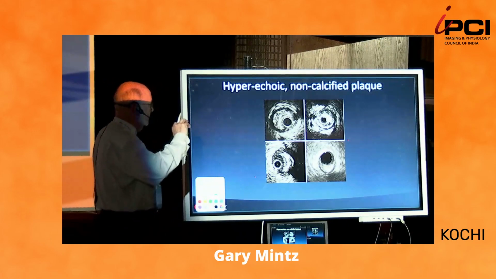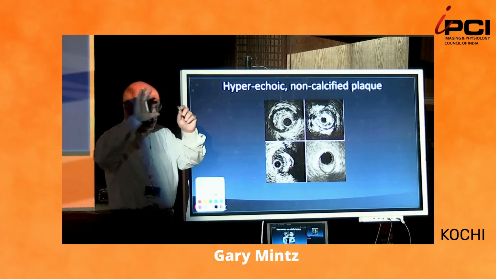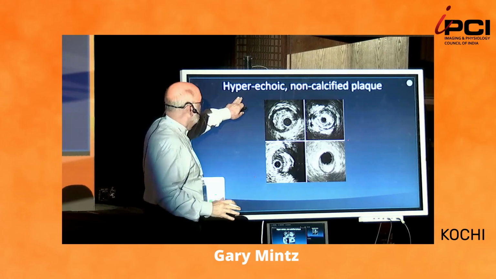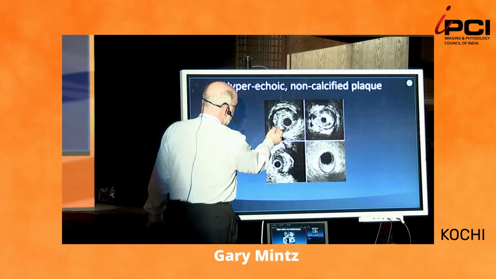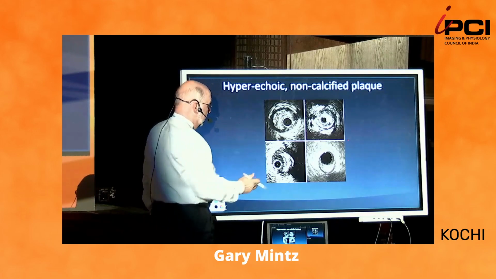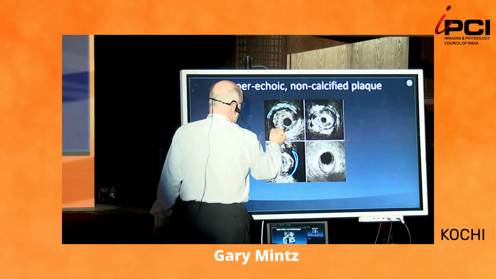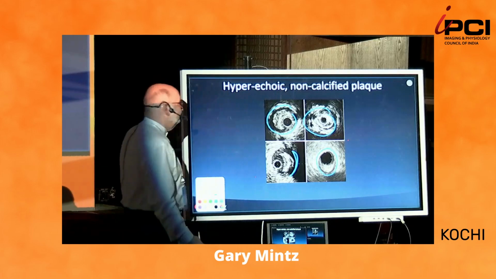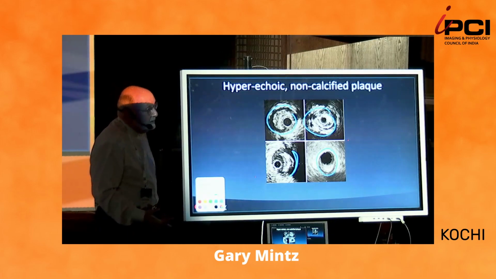Remember we talked about attenuated plaque, we talked about calcium. You can call this hyperechoic non-calcified plaque, that is as bright as the adventitia without shadowing. This is actually attenuation that's deep, but there's no shadowing. What does this mean? Probably means that there's fibrotic plaque, there could be some lipid.